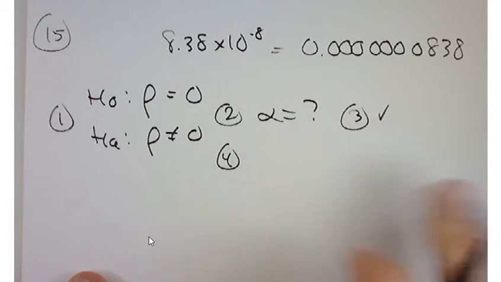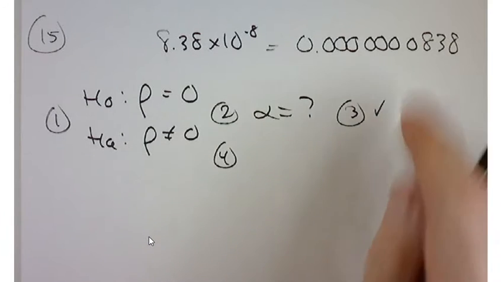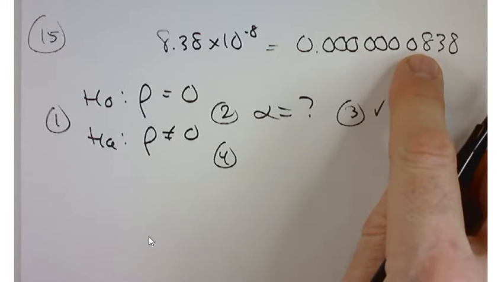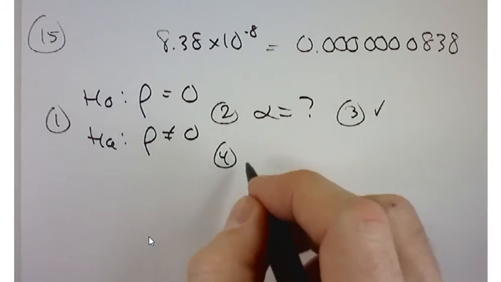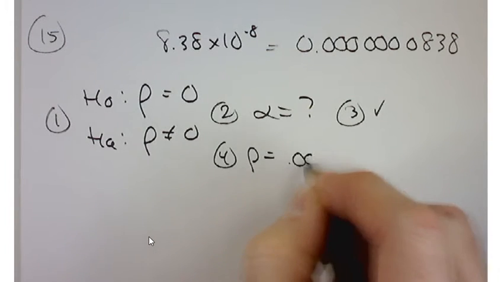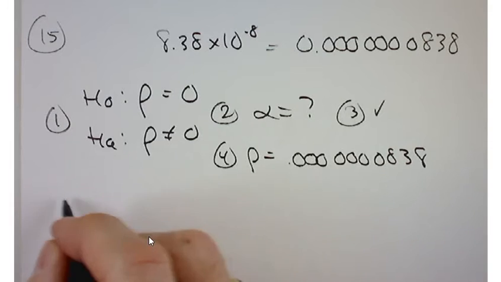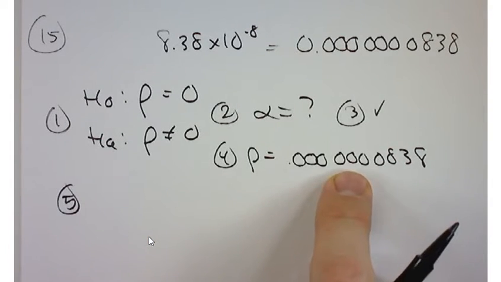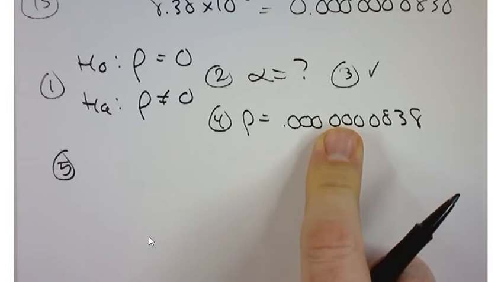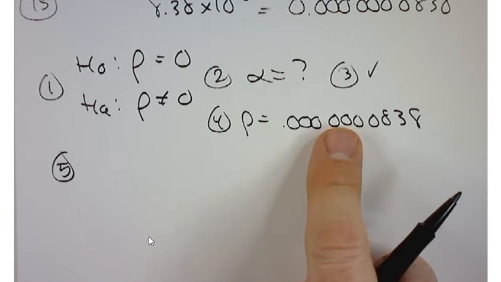Let's look at the p-value. P-value tells us what about our null hypothesis? Our p-value, let me write that down, 0.00000000838. So step 5, what's that telling us to do with the null hypothesis? Reject, right? And that's a really small p-value.